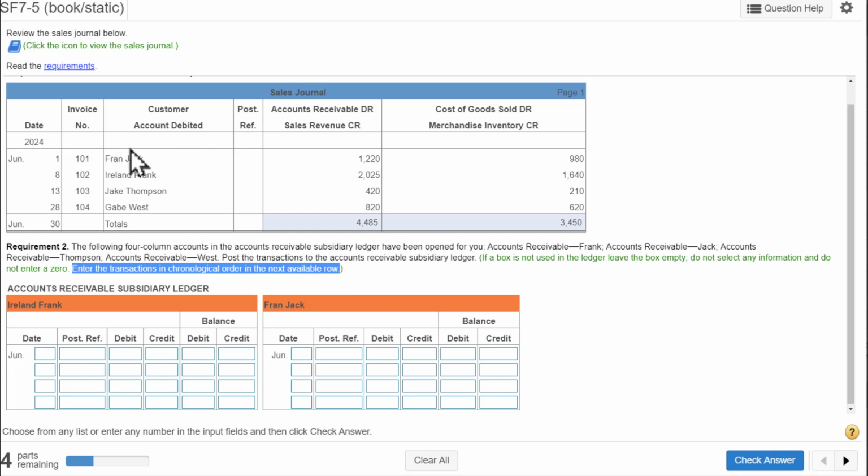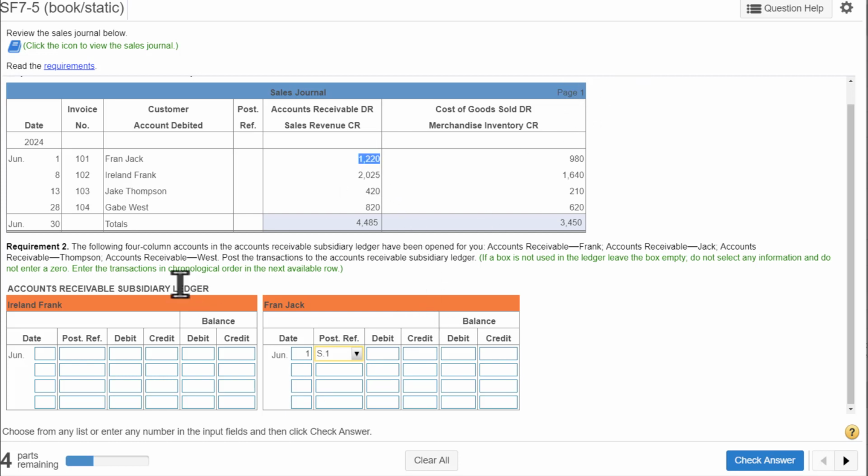So what we're going to do is go up here by date, and we're going to select Fran Jack, because this is the first one, because it happened on June 1st. Here's Fran Jack over here, so the date is June 1st. The posting reference comes from S, which stands for sales journal, 1, which stands for page 1, and we get the page 1 from right here.